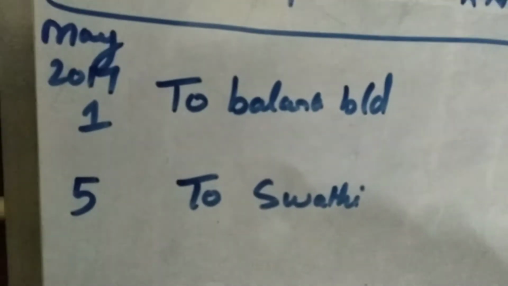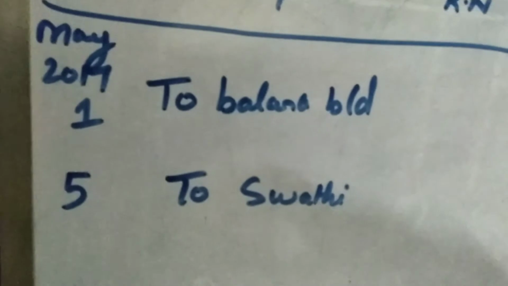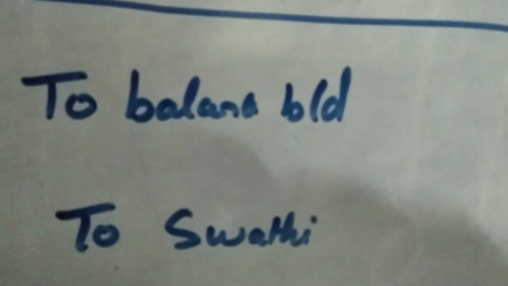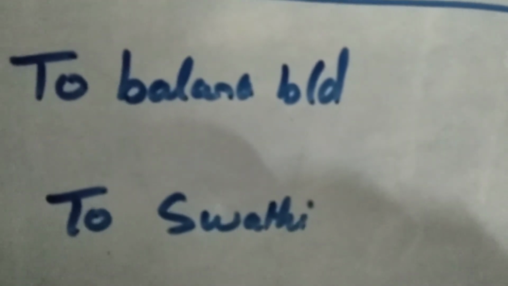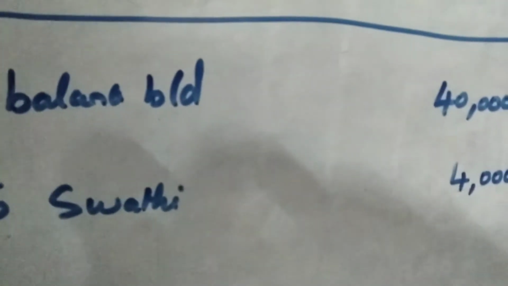Then on 7th, paid wages in cash. So May 2017, 7th of May, by wages. So for the credit side you will put by, for the debit side you will put to.